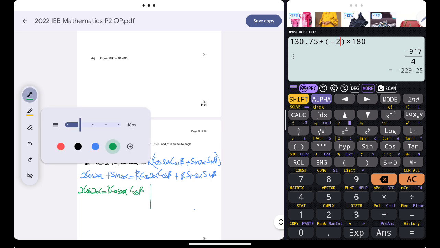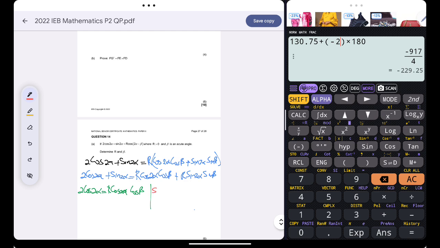And then the second part is also equal. Sine 2a is equal to r sine 2a sine beta, right?